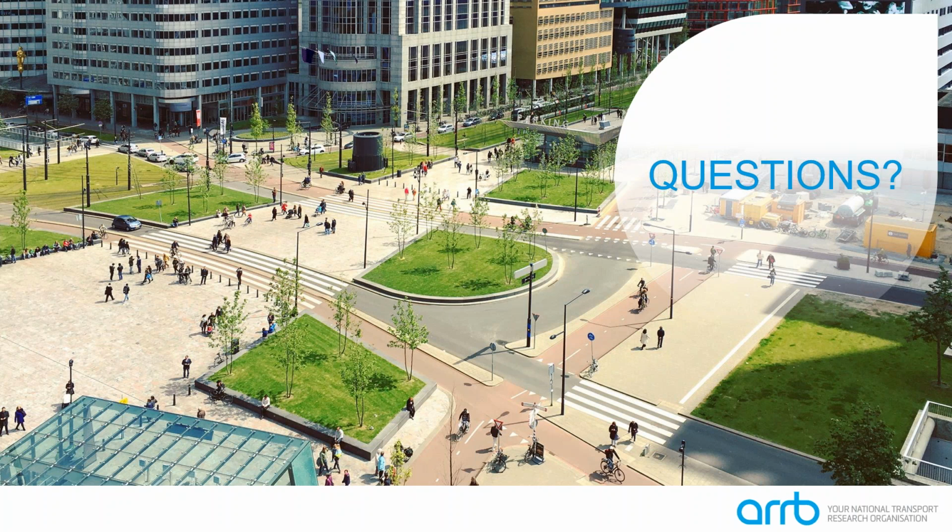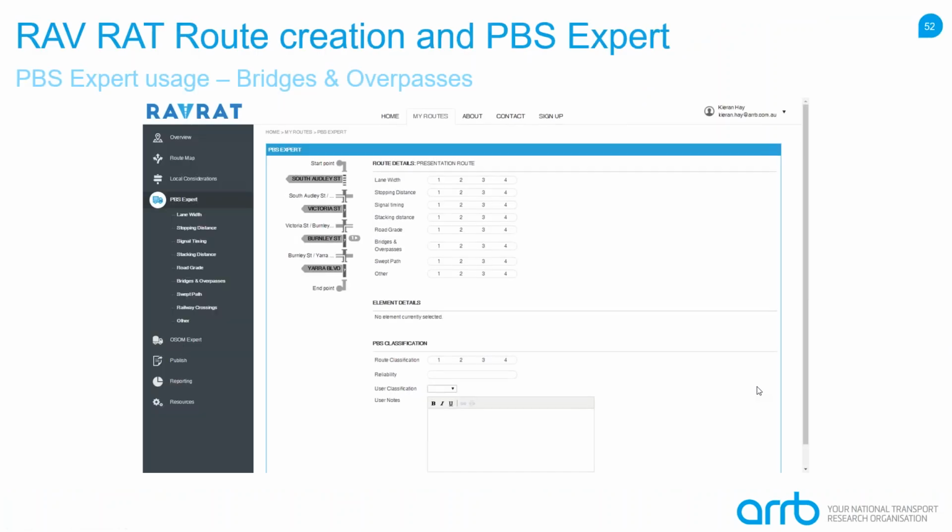Fantastic. All right, let's move on, and we've still got a few for the end. Cool. So the last section is fairly quick, and it's very similar to what we just did for the bridges. I know we had a question before about those non-geometric assessments.